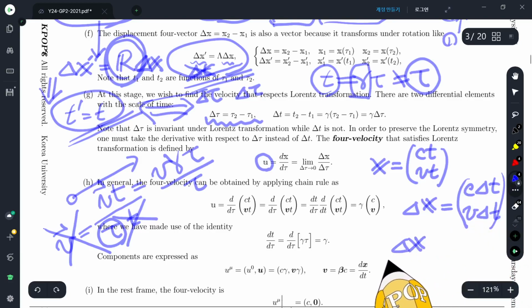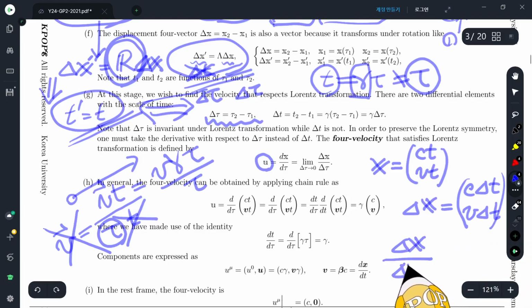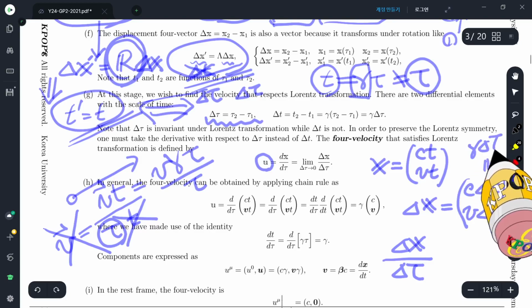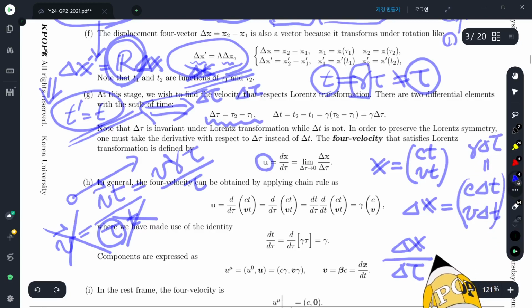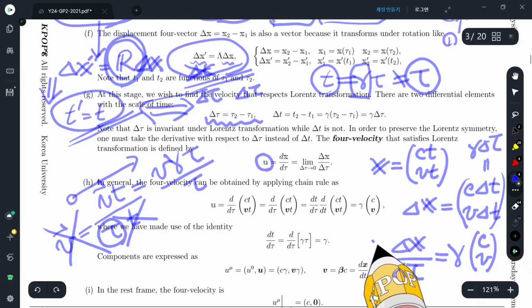Delta x should not be divided by delta t. Instead, we divide it by delta tau. But we know that delta t equals gamma delta tau. So gamma is pulled out. c, v. This is the 4 velocity.